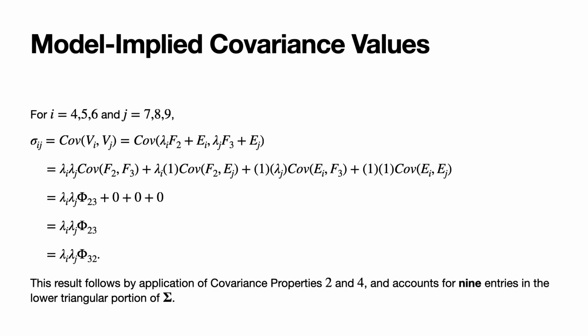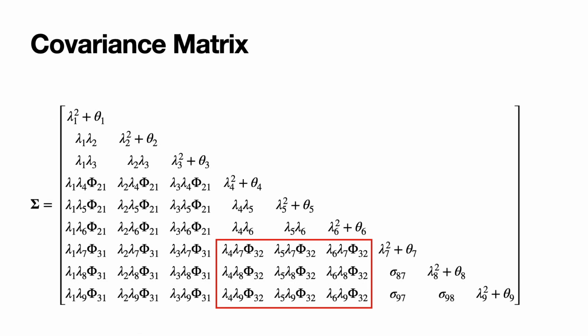And so this simplifies to lambda i times lambda j times cap phi sub 2,3. And this is equal to lambda i times lambda j times cap phi sub 3,2. This result follows by application of covariance properties 2 and 4, and it accounts for 9 entries in the lower triangular portion of cap sig as shown on this slide.